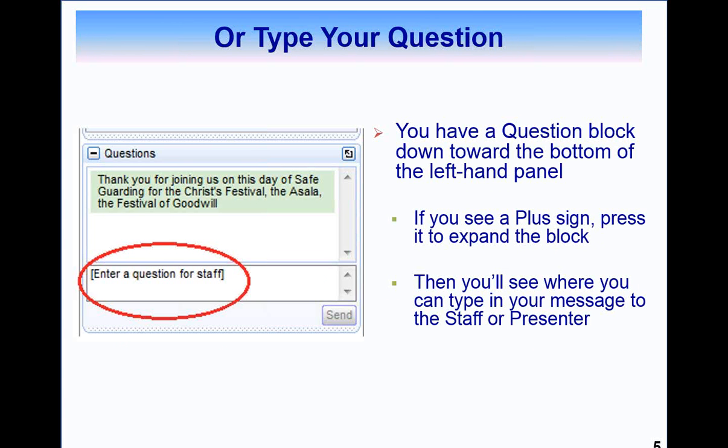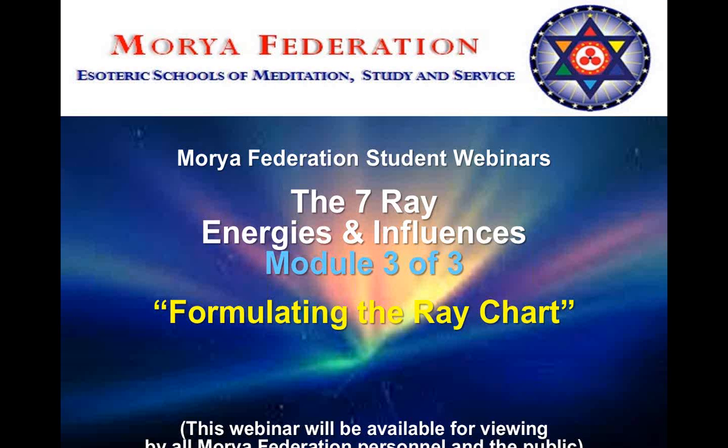You just press the plus sign and it will open the box up for you. So that's how you raise your hand, that's how you put yourself on self-mute, and that's how you ask us any questions you might want to using the chat box. So with that, I'm going to turn it over to Leoni for her presentation.